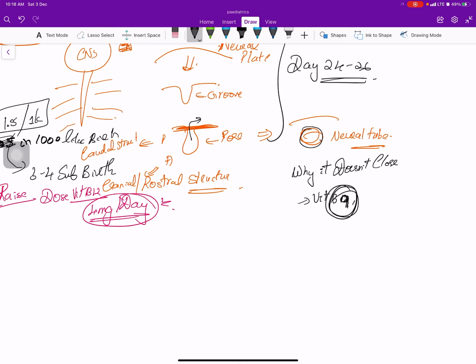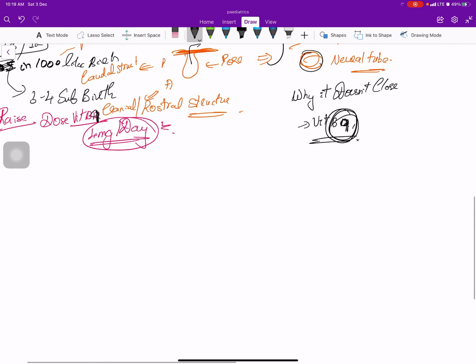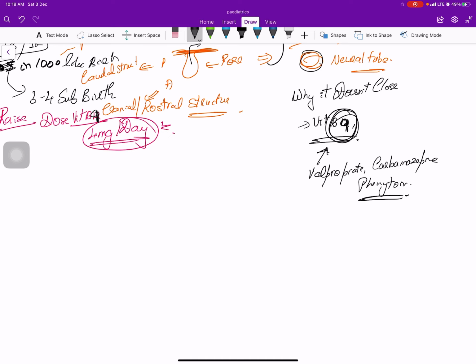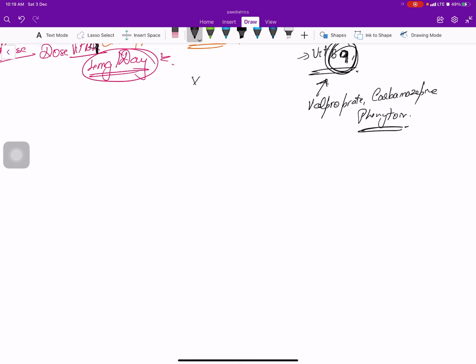I tend to confuse these two. Then drugs which cause this, these are anti-epileptic drugs: valproate, carbamazepine, phenytoin, and the rest.